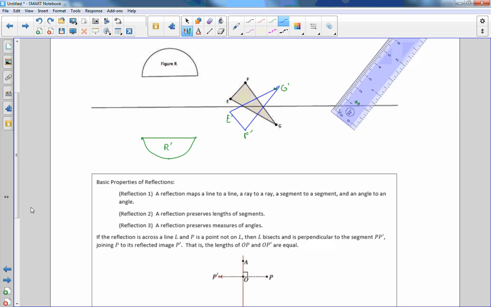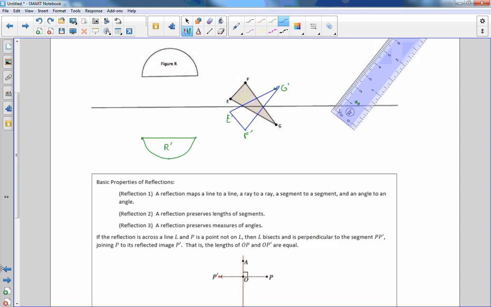So, basic properties of reflections. 1, a reflection maps a line to a line, a ray to a ray, a segment to a segment, and an angle to an angle, or a shape to a shape, a semicircle to a semicircle. A reflection preserves lengths of segments, the lengths don't change, and the reflection preserves the measures of angles, they don't change.